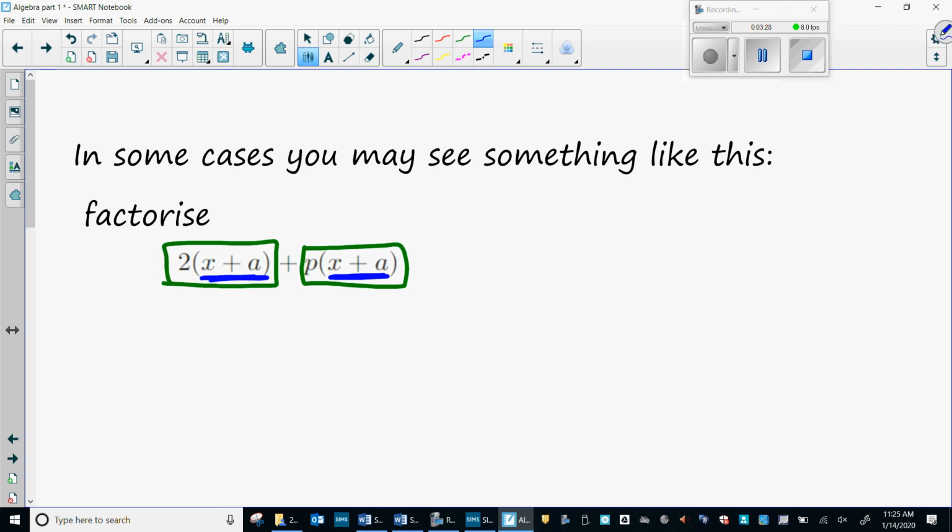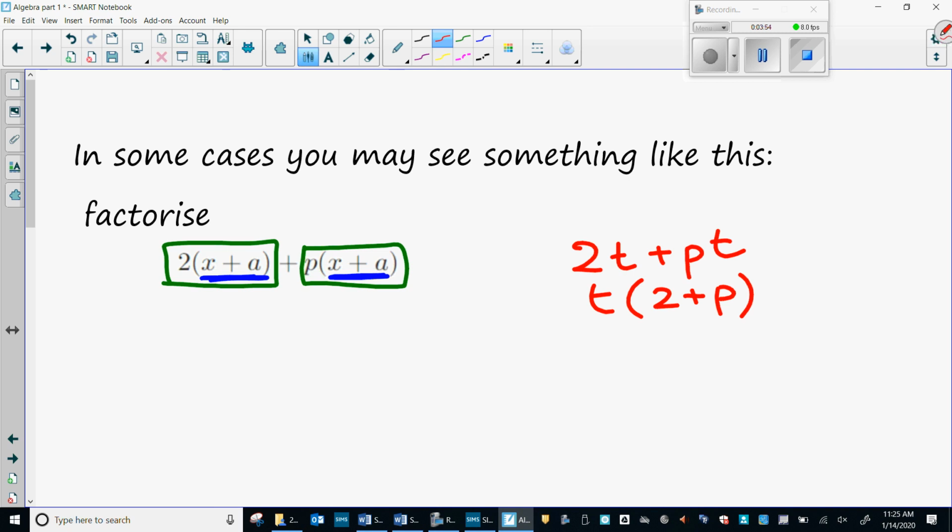So if I had said to you 2t plus pt, would you be able to factorise this expression? Yes. What's common? t, so the t goes to the front. What are we left with? 2 plus p.